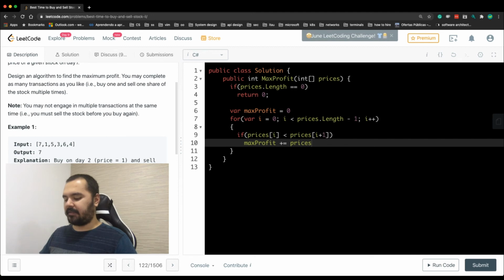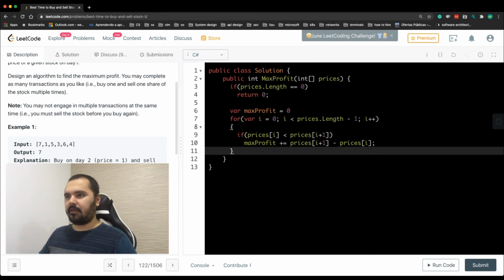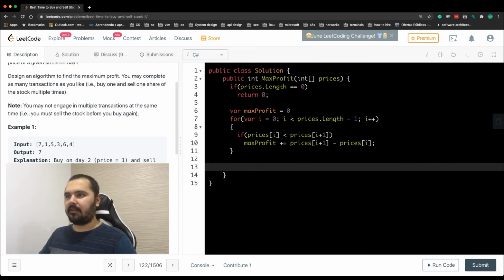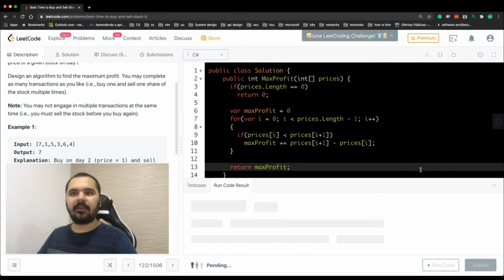So prices of tomorrow minus prices of today. And when we get out of this loop, we can just return max profit. And I think if we do not have any typo, this is the solution. So let's try to run.